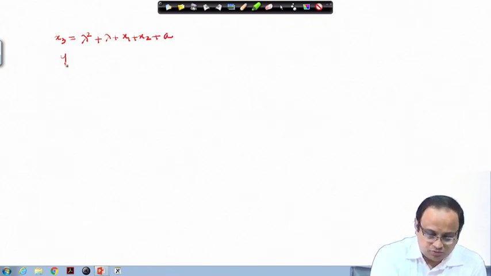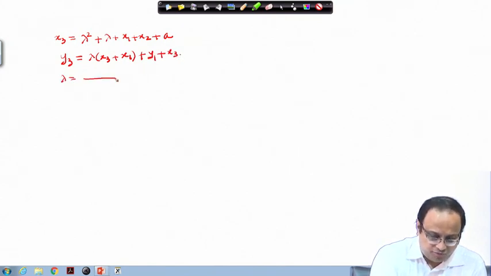Likewise, y3 was equal to lambda into x3 plus x1 plus y1 plus x3, and lambda is the slope. In this case it is y2 plus y1, remember it is in characteristic 2, divided by x2 plus x1.